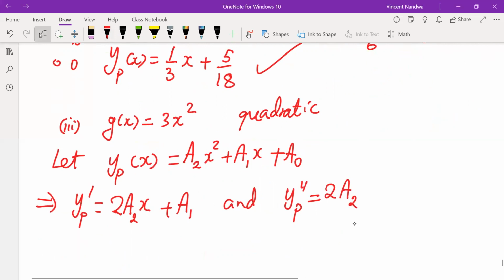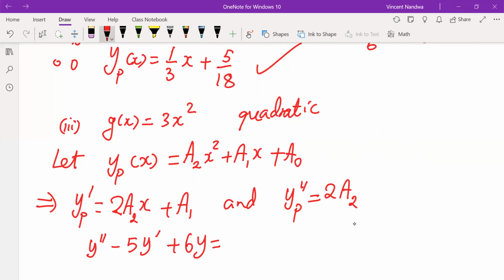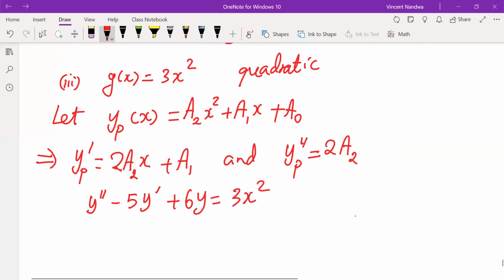So the equation takes the form y double prime minus 5y prime plus 6y equals g of x, given as 3x squared. Now, when we say yp is a solution, it means that yp double prime minus 5yp prime plus 6yp should satisfy this equation.